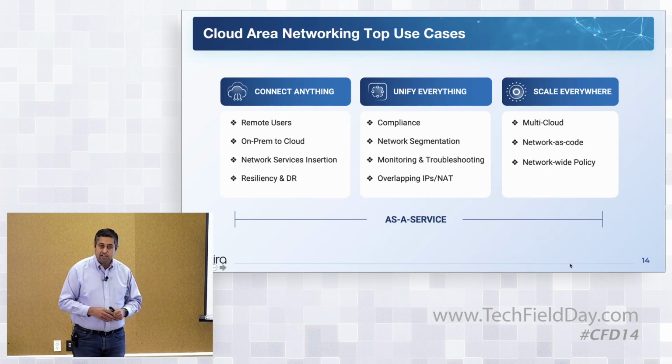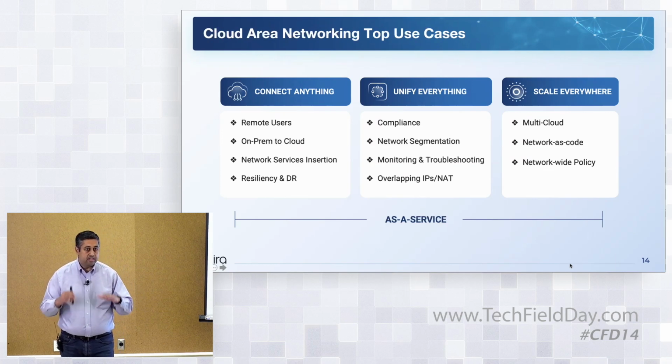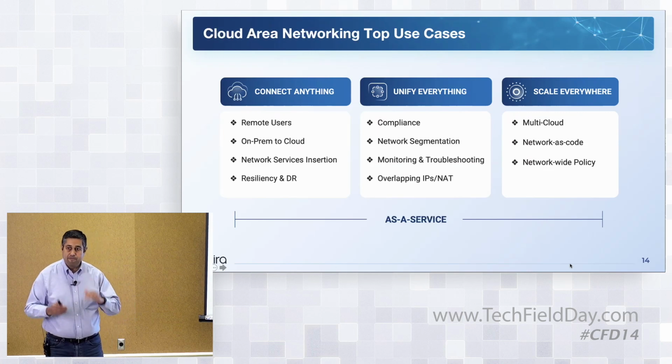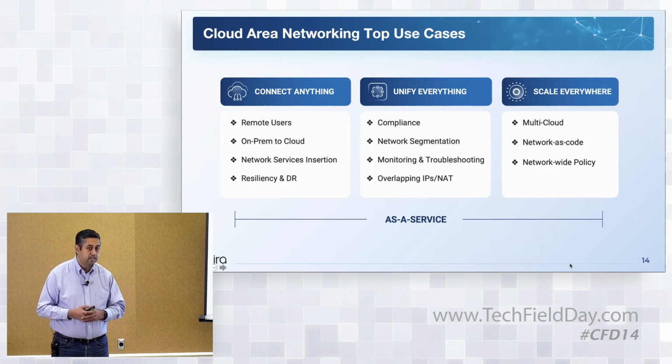And resiliency and DR, super important as more and more mission critical applications go into the cloud. So high availability is built into the solution. Every aspect of connectivity that Alkira provides is fully redundant, and it's built into the solution.